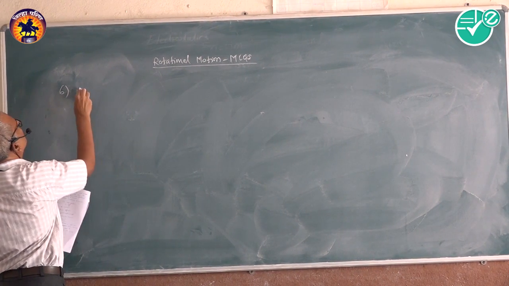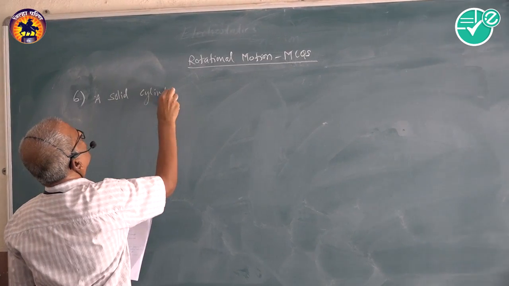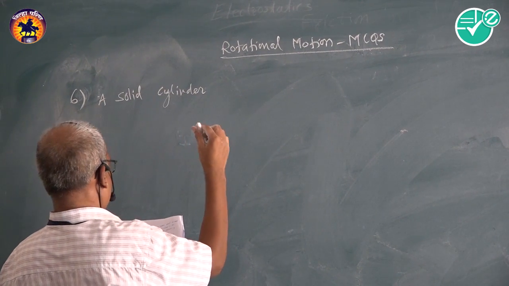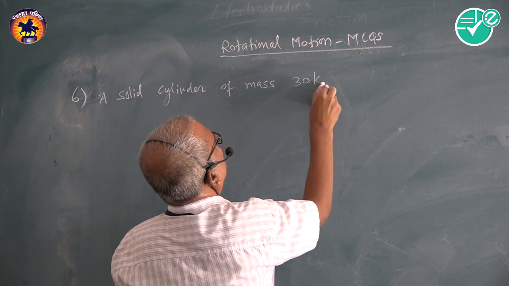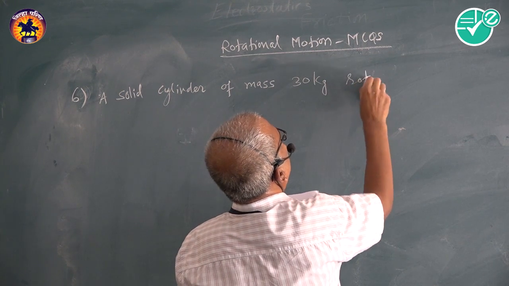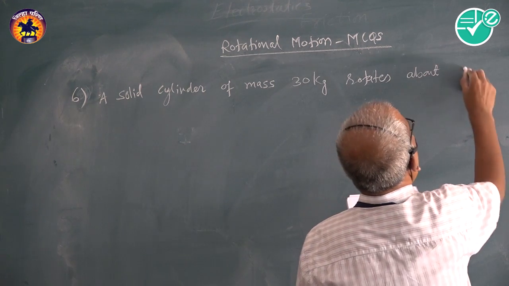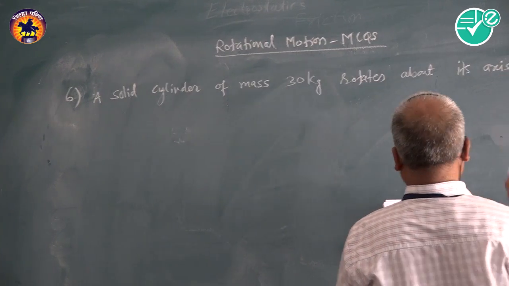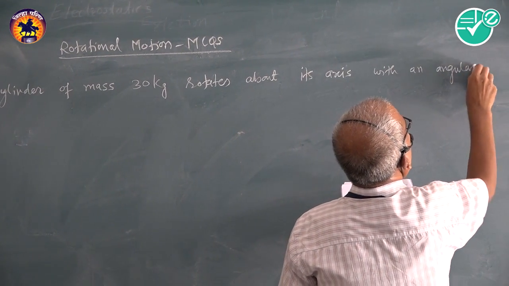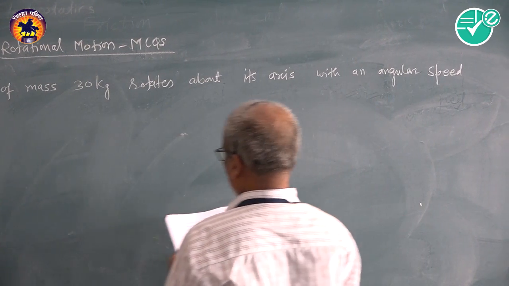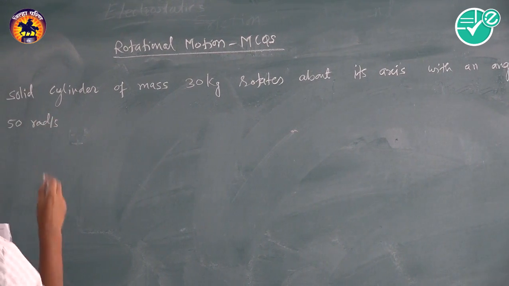Now next one is: A solid cylinder of mass 30 kilogram rotates about its axis with an angular speed of 50 rad per second.